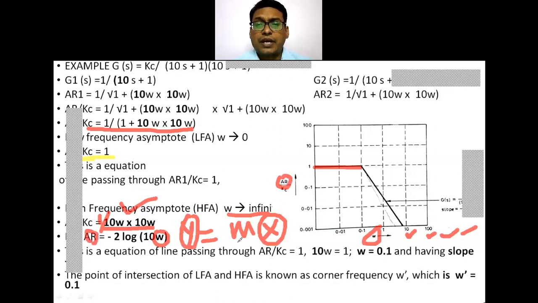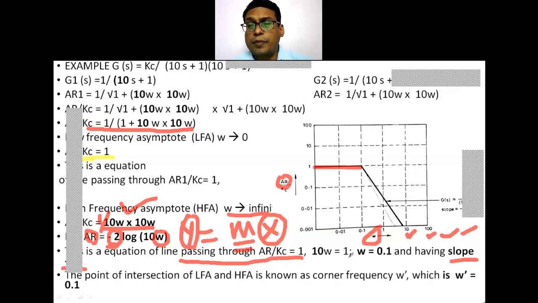So m is now minus 2 for this case. So the slope is minus 2. So it's a straight line with a slope of minus 2, and the equation of the line passes through amplitude ratio upon Kc equal to 1.